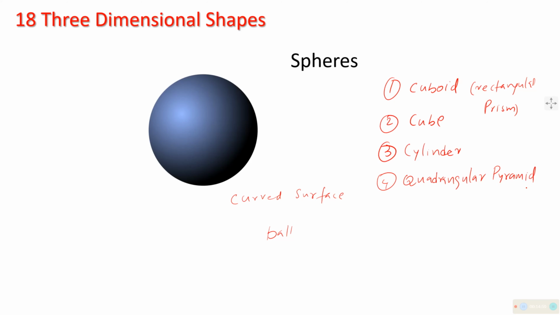A pyramid has a peculiarity that it will have a common vertex, a common apex, and compared to a prism, which has the same shape on the top and bottom, a pyramid has a particular bottom shape, here quadrangular, and a vertex on the top. And you also studied about the triangular pyramid.